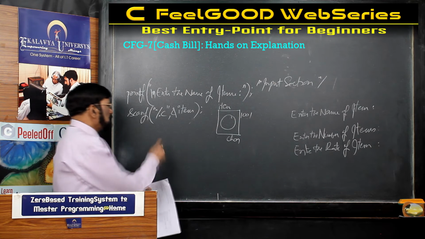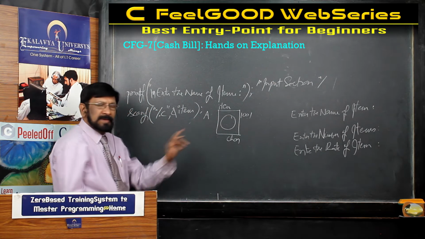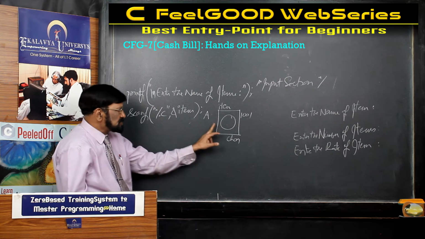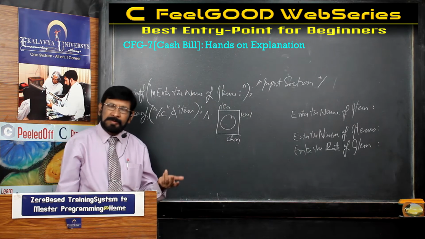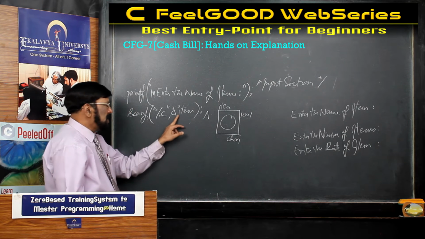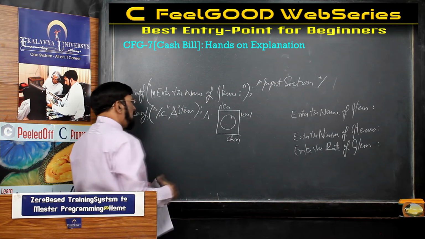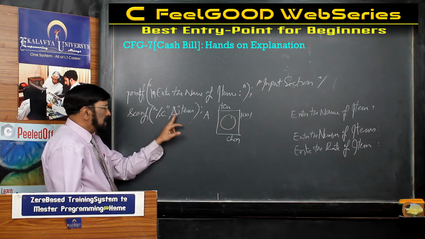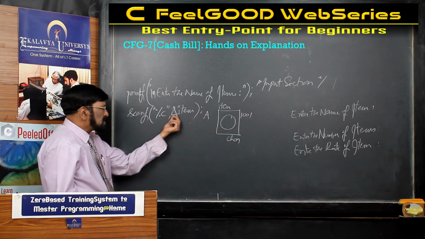Now suppose for this you typed A. While you are typing A, delimiters are not required. Just A typed. Then for this postman, what should be provided? We have to provide the address. How are we telling that? &item.